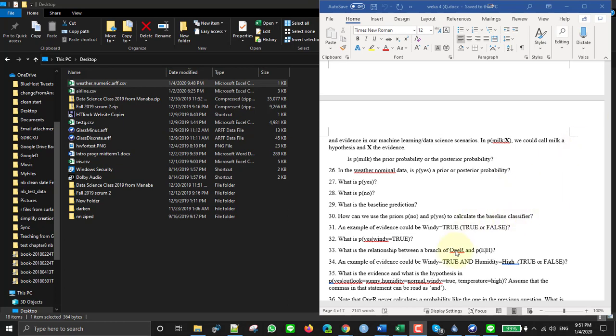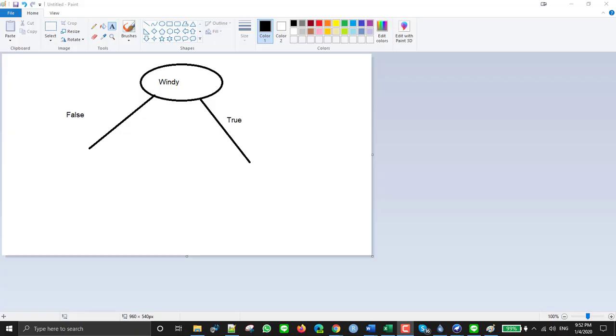So if we're using 1R, remember that means we're limiting our tree to just one variable or just one top node. We don't branch down to lower nodes. So if we're talking about the variable windy as the top or the only node, then we'd have windy up here.